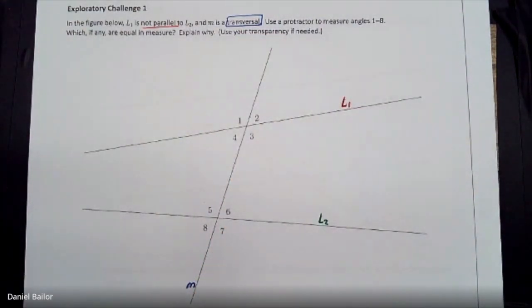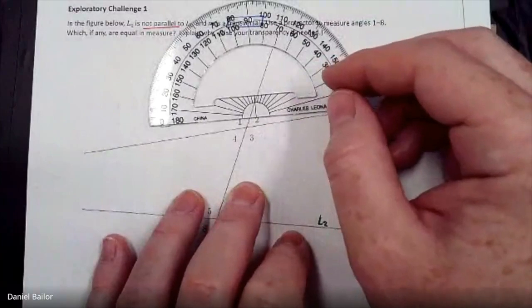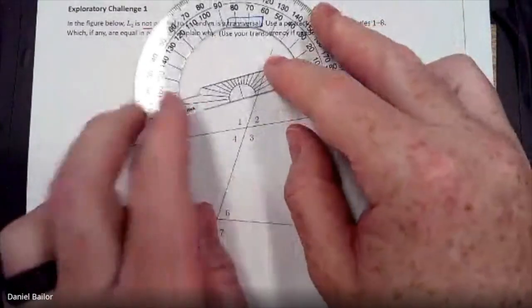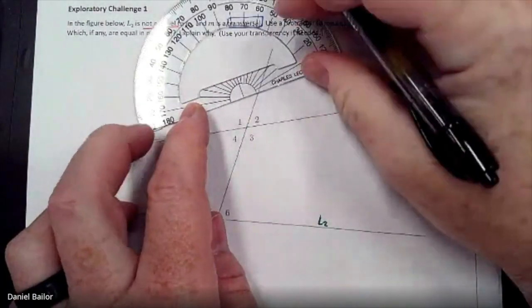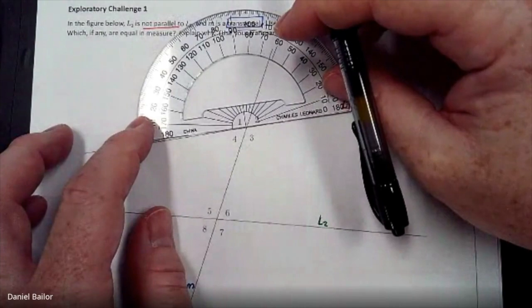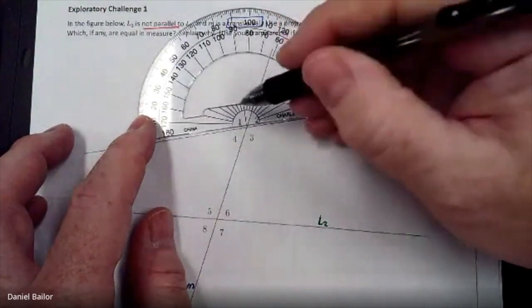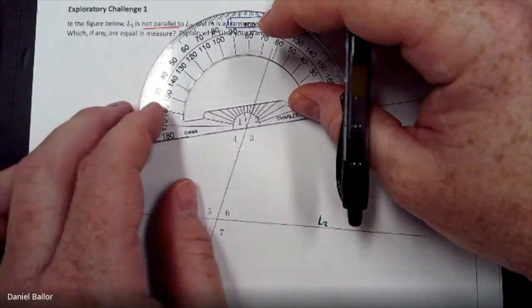What are we supposed to do with these lines and the transversal? We're supposed to use a protractor to measure them. I have my protractor here. To measure an angle, you take the center of the protractor, this part going down right here, and you line the bottom of the protractor up with one of the lines, right at the place where the lines intersect.